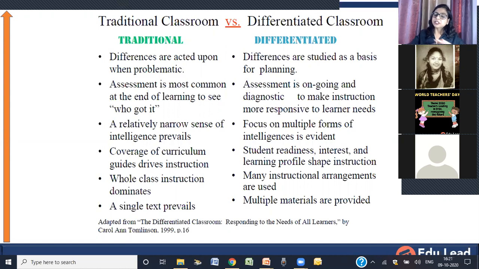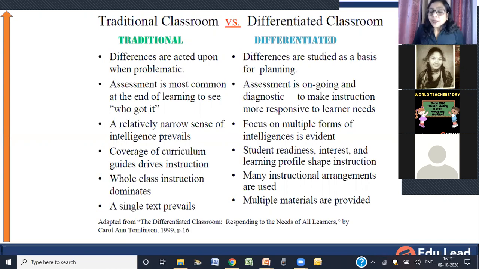It's the same instruction for the entire class. But in a differentiated classroom, you will find many different instructional arrangements. In a traditional classroom, there is one single text which prevails. That's the Bible, and that is what is followed everywhere. So that's the traditional classroom. But in the case of a differentiated classroom, you will find that there are multiple materials which are used.